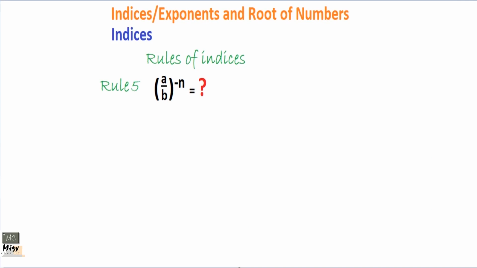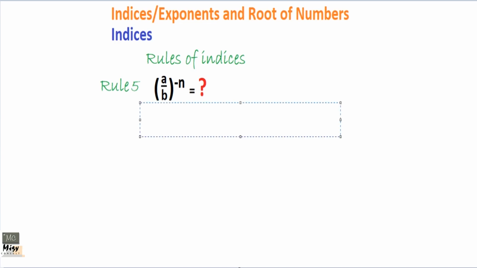Okay, so as you can see, there is a new one here. We are going to find the rule by ourselves. So we are going to have fun. You remember this, right? What did we say? It means that when there is a negative exponent, let me give a quick example.